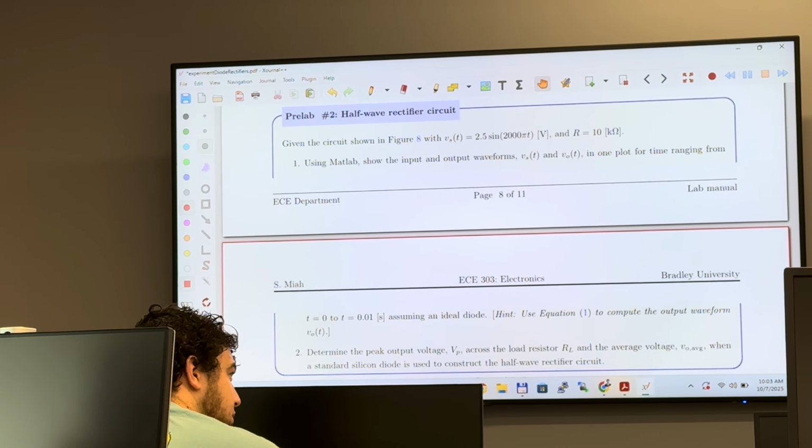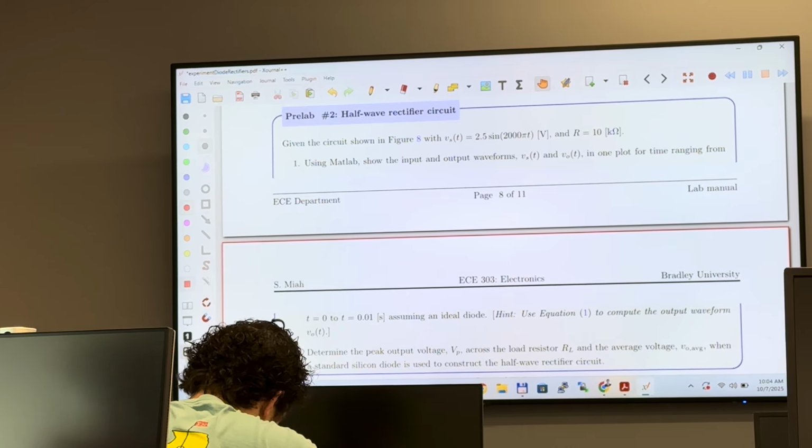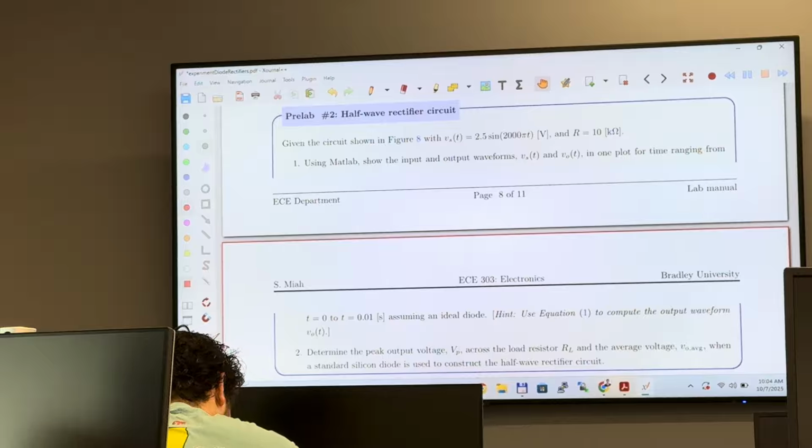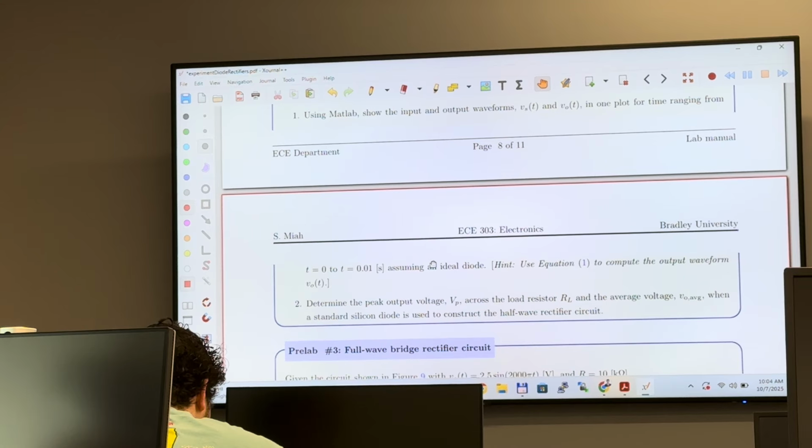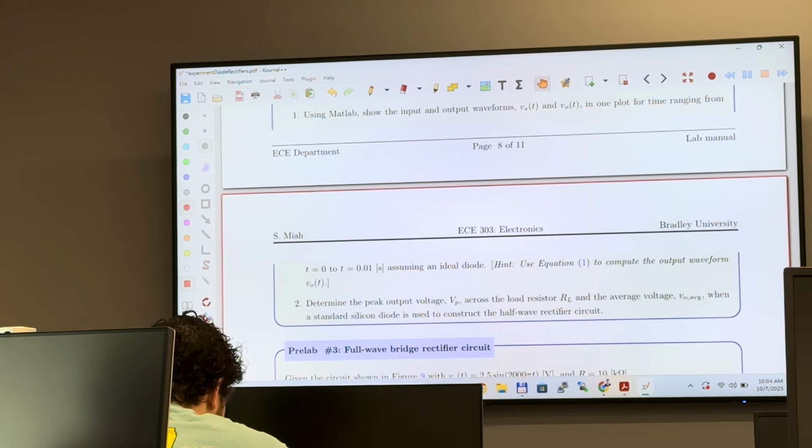I would like you to explore a little bit, and I'll be there on Thursday, okay? I will help you as well. But you guys do a little bit of research on how to find the library for diode, okay? So TAs will be there, I will be there, who will help you. If you cannot find it, we are there to help.